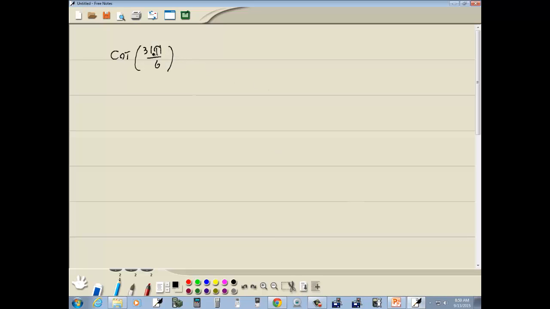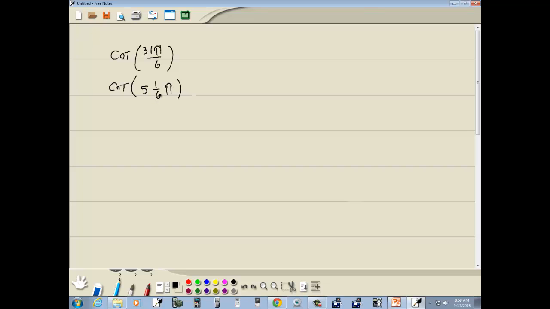Now, instead of trying to change them to fraction form, you can change this to a mixed number. Now, cotangent of 31 pi over 6 would be 5 and 1/6 pi. Now, 31 divided by 6 is 5 with a remainder of 1.